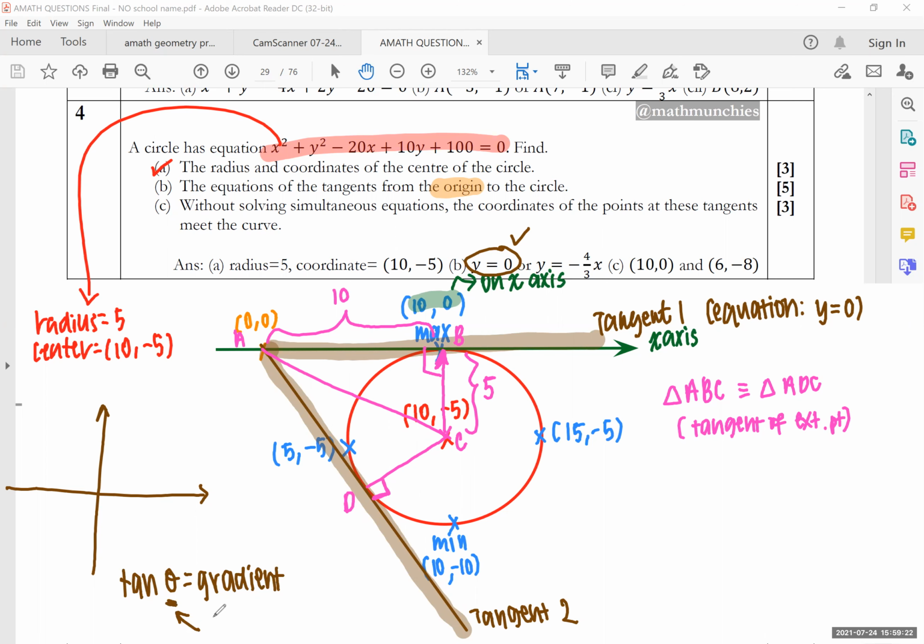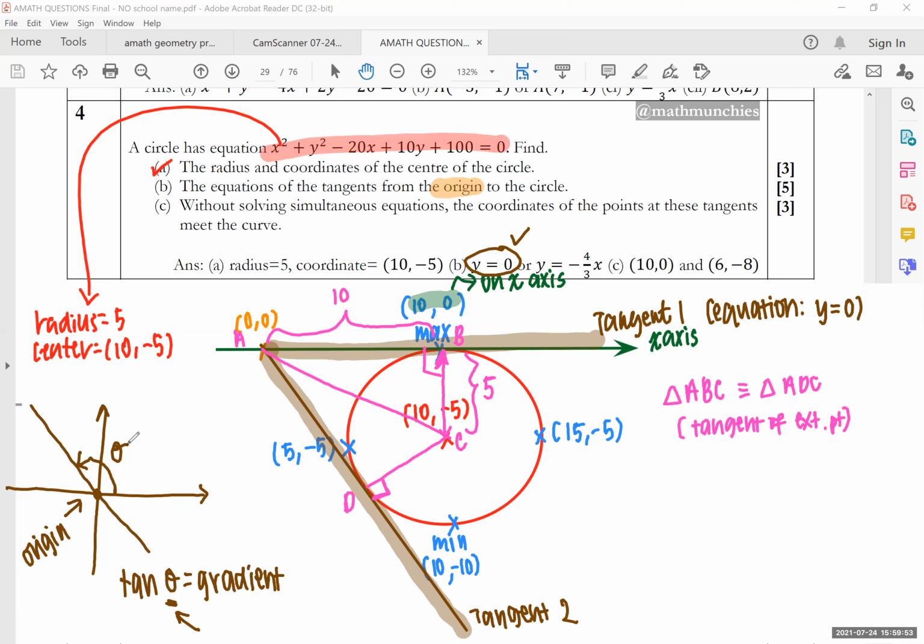I'm going to draw my tangent 2 on a separate axis, because I know that my tangent 2 cuts the origin. My theta always starts from the x-axis all the way until the diagonal line. This is my theta.